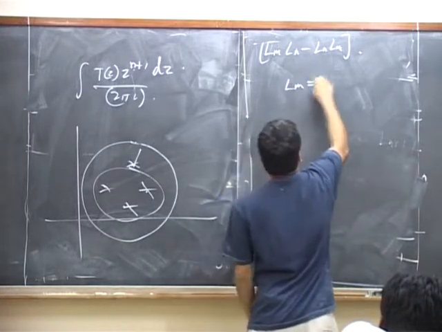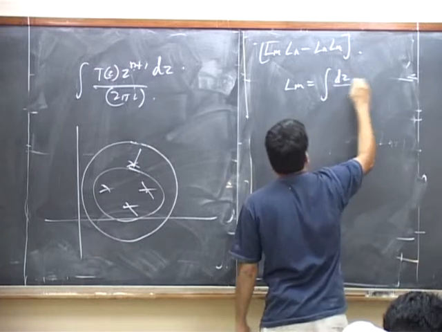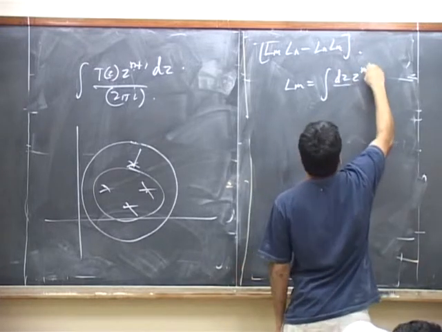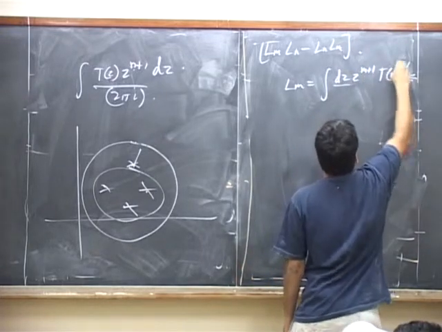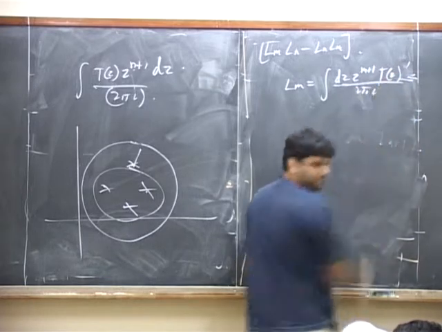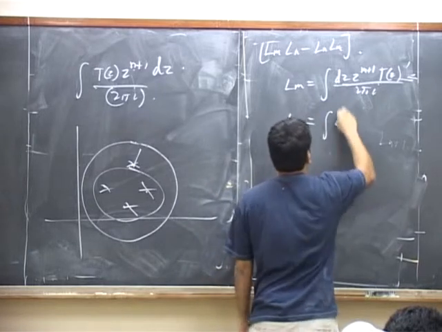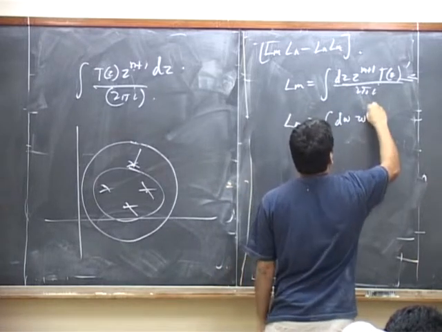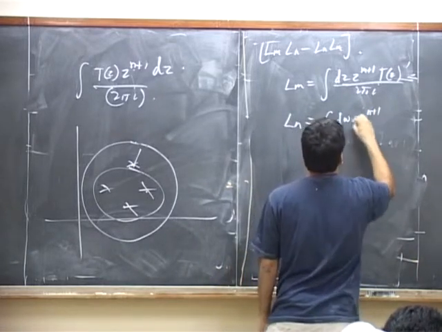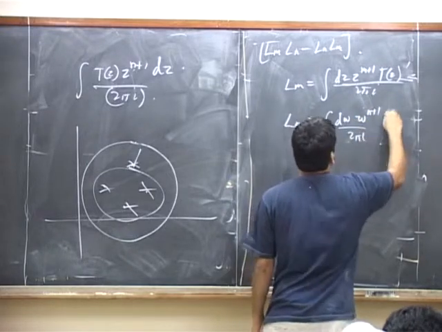Remember, Lm was equal to the integral dz z to the power m plus 1 T of z divided by 2 pi i. Ln was equal to, let's take w to the power n plus 1 by 2 pi i T of w.